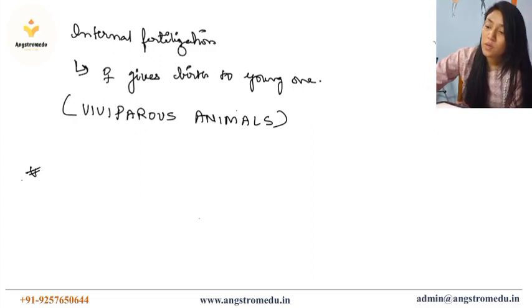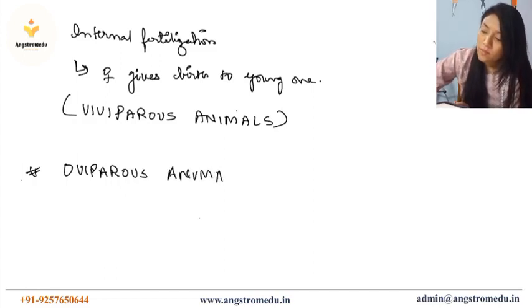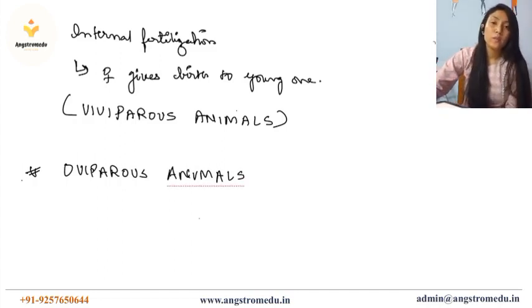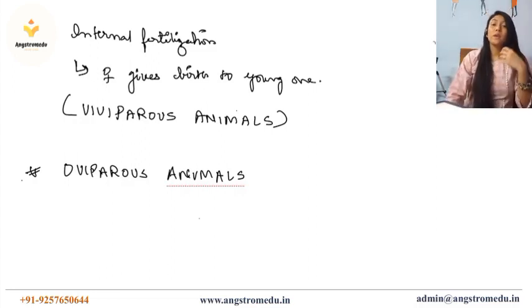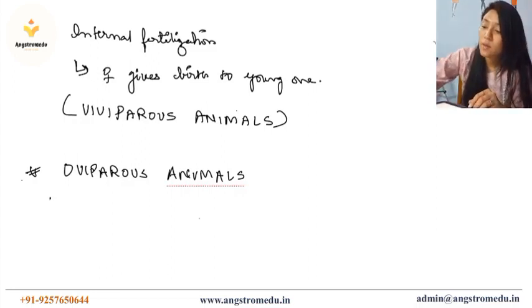While in contrast, you'll also study about oviparous animals. What happens in the case of oviparous animals? The female does not give birth to a baby, but it gives birth to an egg. The egg is laid and the embryo development occurs outside the body.